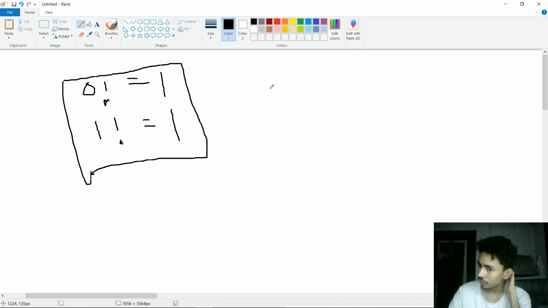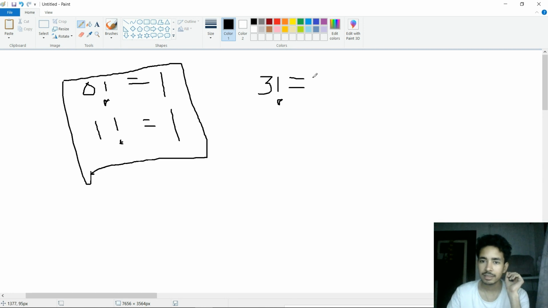Suppose I have to find the factorial of a smaller example like 3. So it's 3 factorial. How will we find this? We have to do 3 multiplied by the smaller number, 2, multiplied by 1.